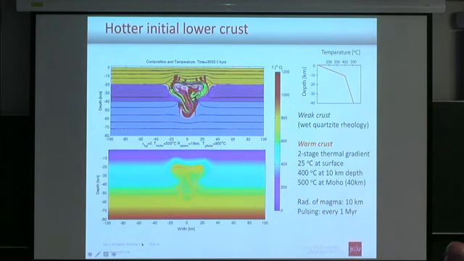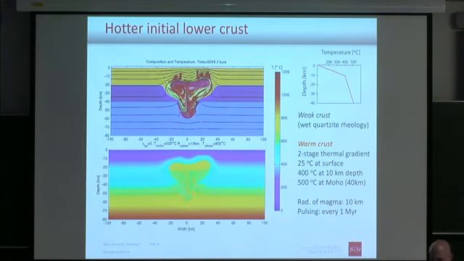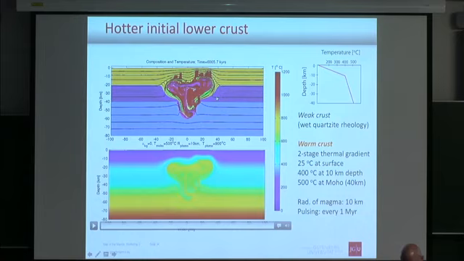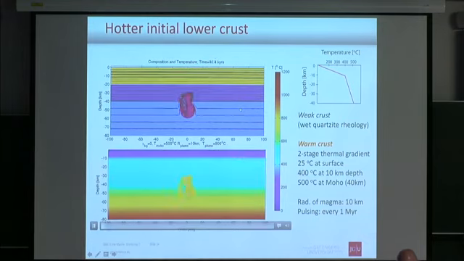We actually have some downward flow of this upper crust to the base, and this makes my co-authors quite happy because they did a lot of field work in the Sierra Nevada, and they found evidence that volcanic rocks that were at the surface at some stage are now at a depth of about 30 kilometers right next to intruding plutons, and that's what got them into this project in the first place. How do you explain that you have rocks that were close to the surface that are now at depth right at the contact? So this would be one explanation.